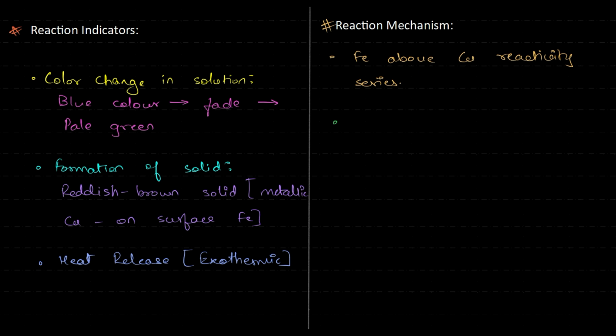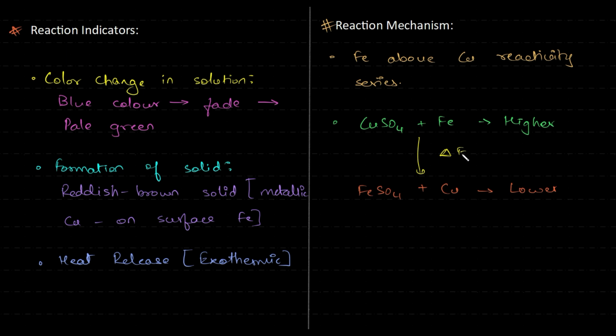And the next thing is why the heat is generated. By now you should be able to guess. CuSO4 along with iron, they are at higher energy level, while your FeSO4 and copper, they're at lower energy level. So there is a drop from higher to lower.